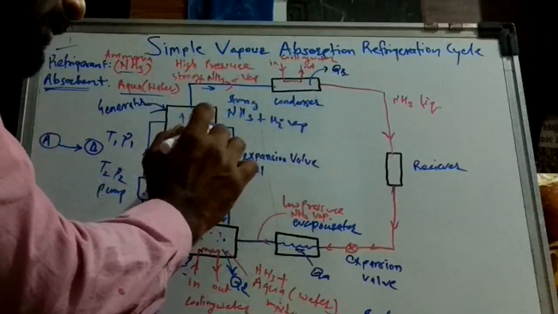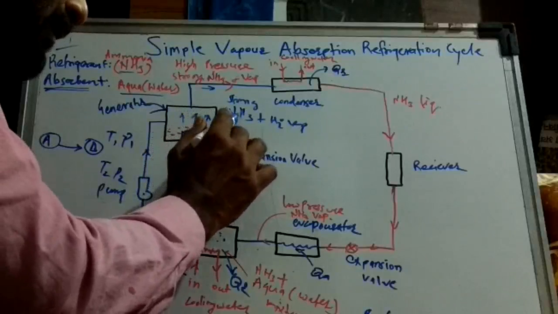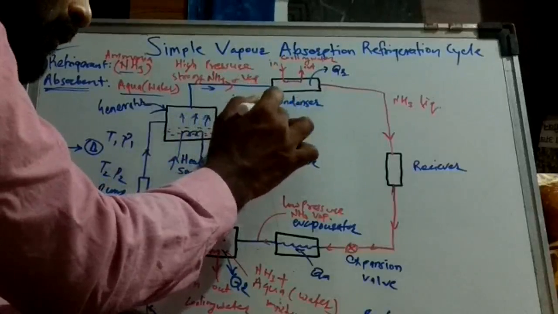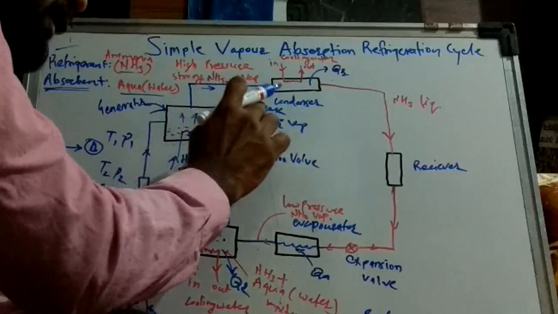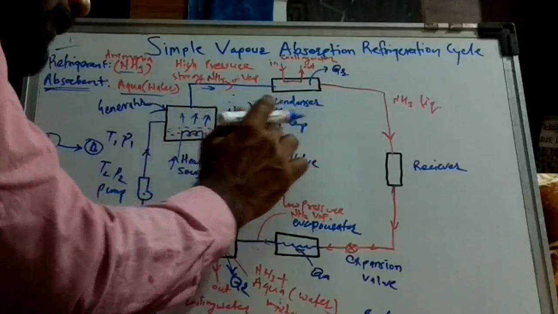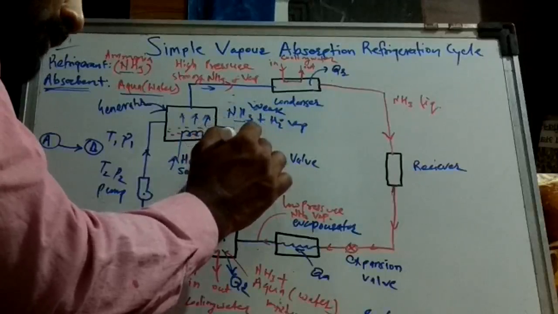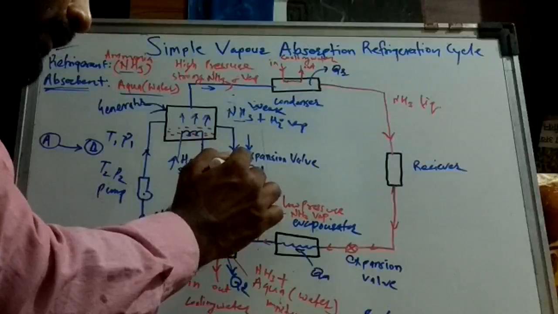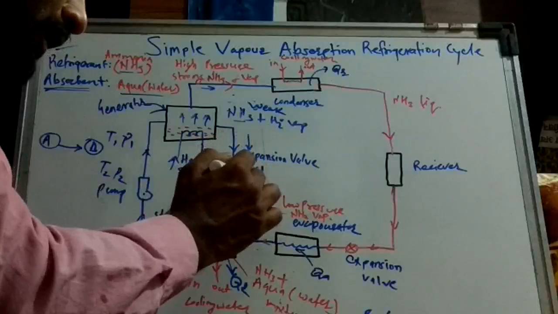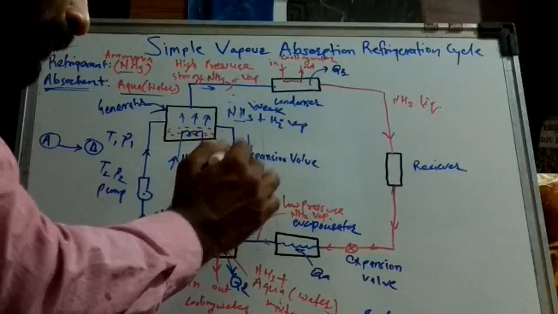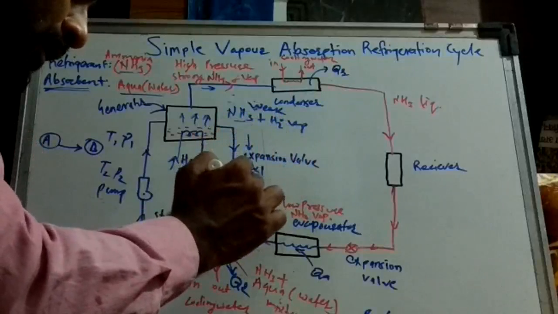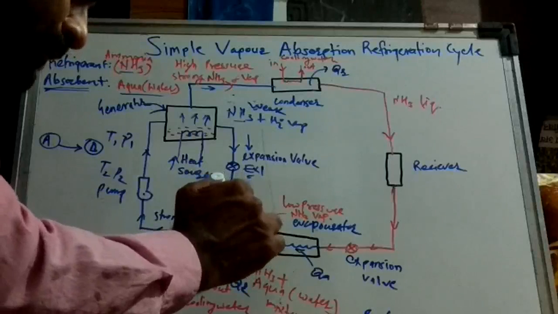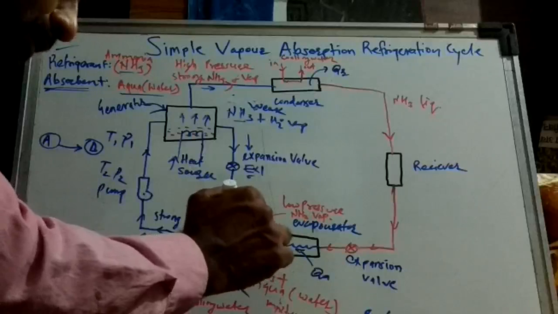The weak solution, that is weak ammonia plus water, will be circulated back through this expansion valve. The expansion valve is provided here so that because of expansion, the pressure and temperature of that weak mixture decrease, and because of the decrease in temperature, less heat rejection arrangement is required.